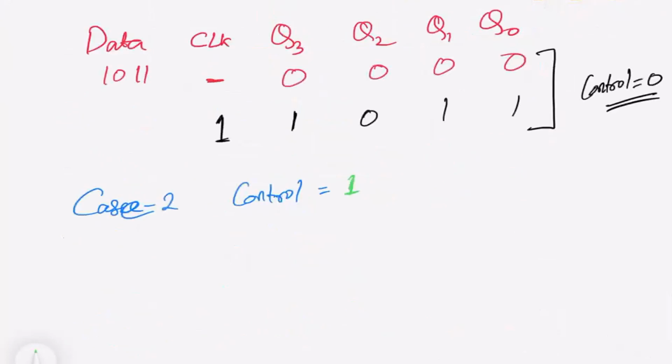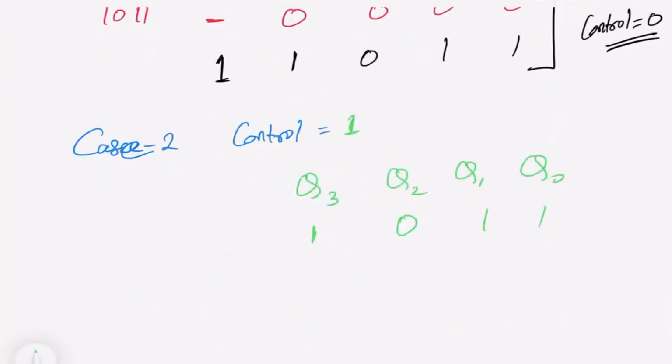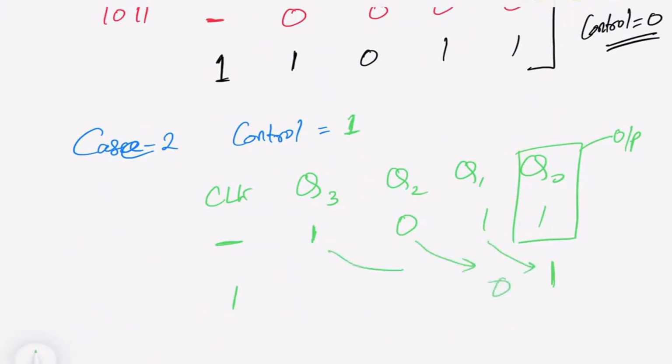Suppose we have Q3, Q2, Q1 and Q0, where data is already stored, and in those locations are 1011. Okay, and since this is the place where I can take output, let's say we are applying the first clock pulse. So after applying the first clock pulse, we will get this data here, this data at this point, this data at this point. Okay, and suppose I'm applying nothing at the input side, it will be 0.